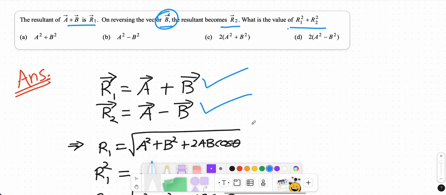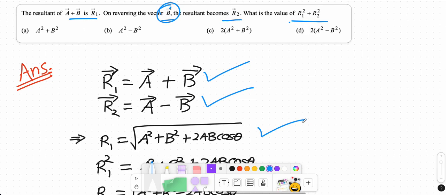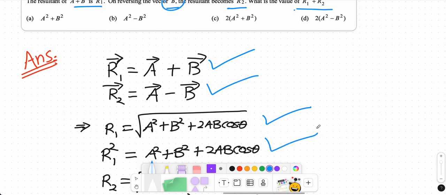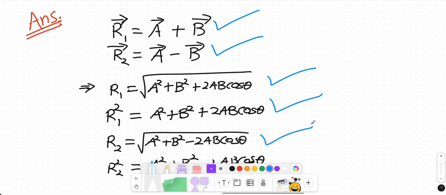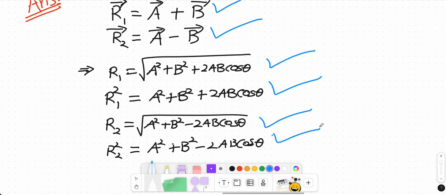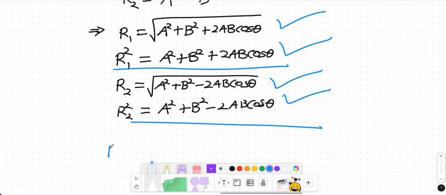So R1 is square root over A square plus B square plus 2AB cos theta. Similarly, R2 is square root over A square plus B square minus 2AB cos theta. Now if you do this R1 square plus this R2 square, you will get A square plus B square plus 2AB cos theta, plus A square plus B square minus 2AB cos theta.